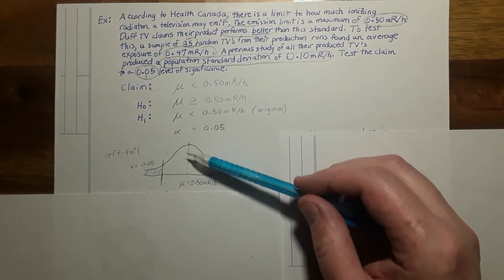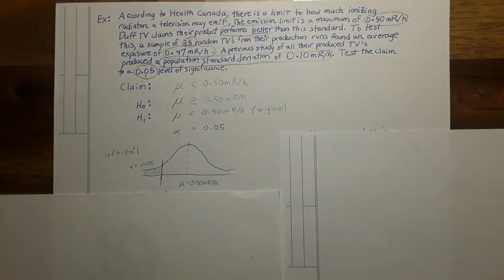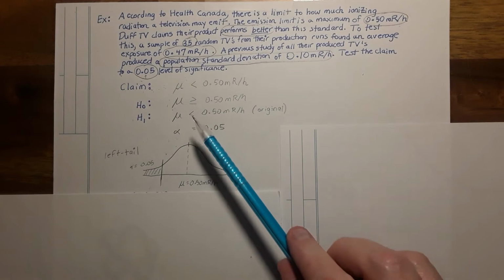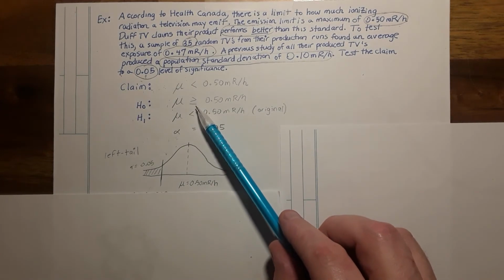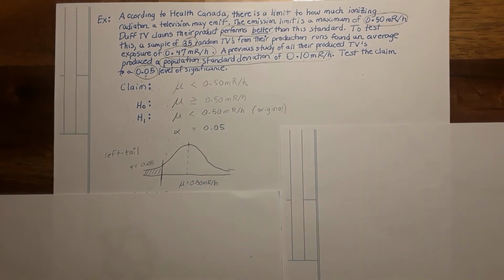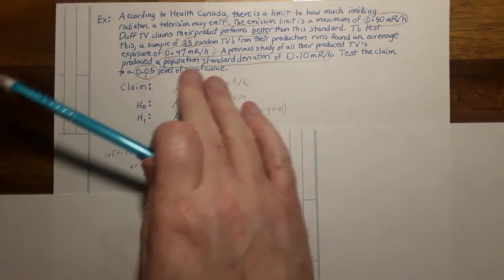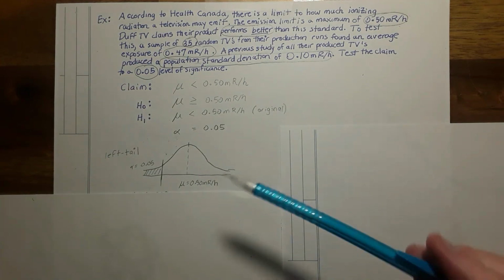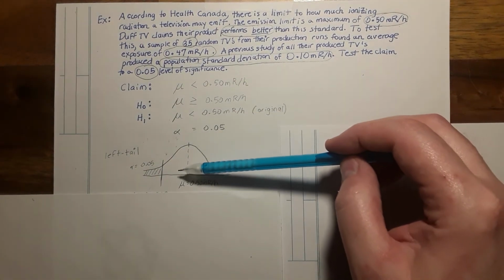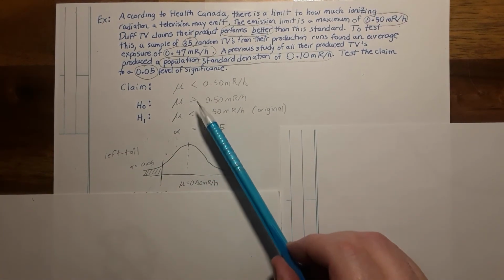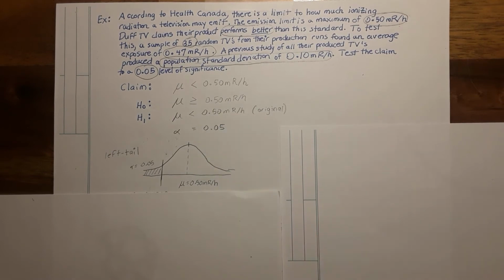That's going to be in the center of the distribution. According to the null hypothesis, anything that is bigger than 0.5 milliröntgens per hour will actually agree with this hypothesis. So if any sample mean gives us a value which is bigger than 0.5 milliröntgens per hour, that's going to be fine. What we need to find is the rejectable region, the region that disagrees with the null hypothesis.